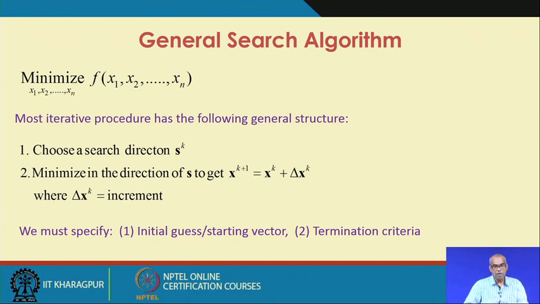Now, there are several algorithms. These algorithms differ in two aspects. First, how to go from kth iteration to k plus 1th iteration, that means how to get this increment delta x k. How do I change the values of the decision variables at kth iteration to get the values of the decision variables at k plus 1th iteration?